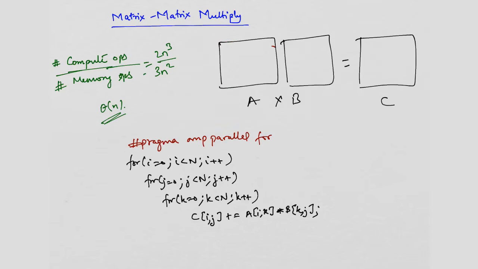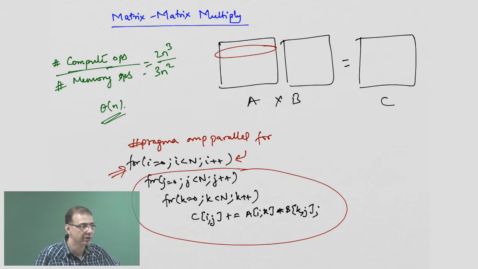So it's going to give one row of A at a time. This is the first for loop. That's what it's going to divide, right? This is the only loop that gets divided amongst the threads. So once a thread gets a particular iteration of i, it is going to execute this entire piece of code for that value of i, right? This point is clear, right? The only thing getting divided is the first for loop amongst the threads.